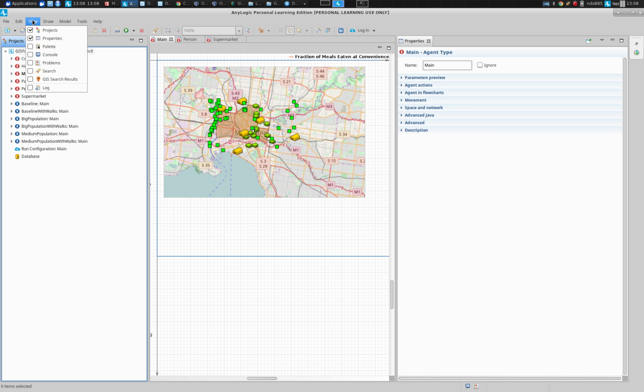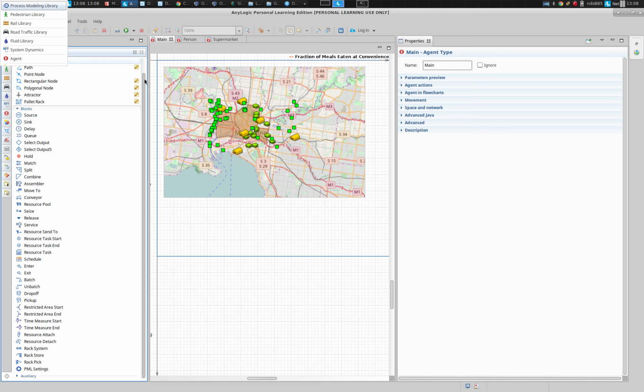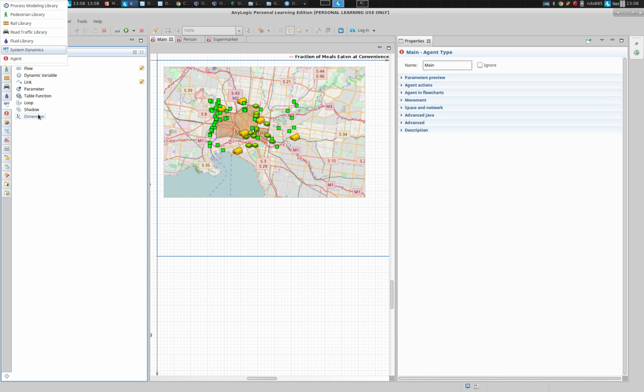So we might have something like this, and we're going to be displaying this palette, okay? The palette gives us the ability to weave individual elements into the model. And in the system dynamics palette, there's a set of things that are different from what's in the palette associated with, for example, agent-based modeling.